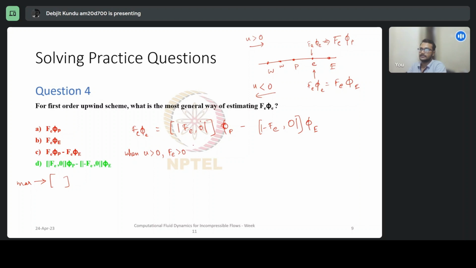So the first term becomes Fe phi P, and in the second term minus Fe is negative, so the maximum would be 0, and 0 multiplied by phi E is 0.